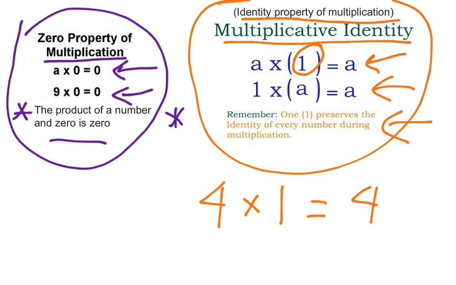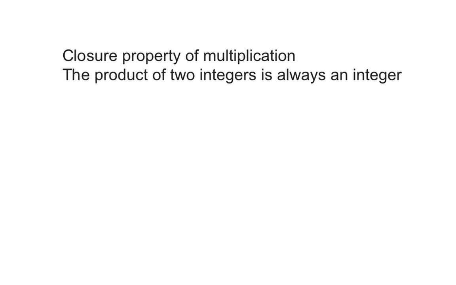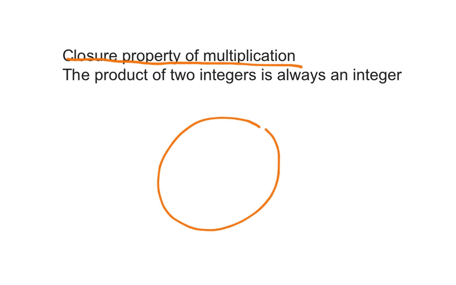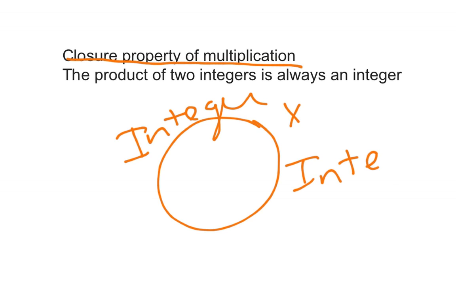The third property is the closure property of multiplication. Closure is like almost completing a circle. It says that if you have an integer, and you're multiplying by another integer, the product will also be an integer.